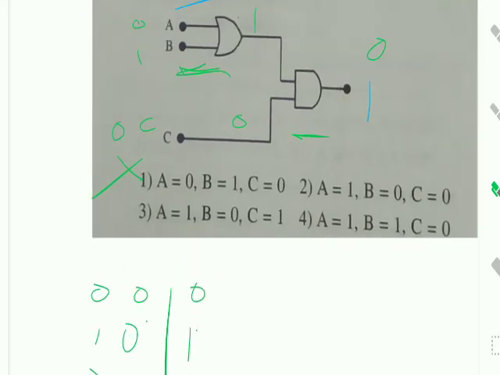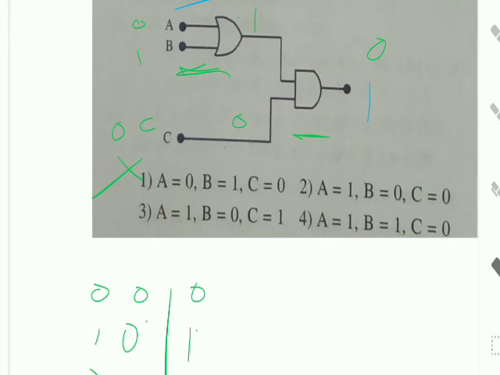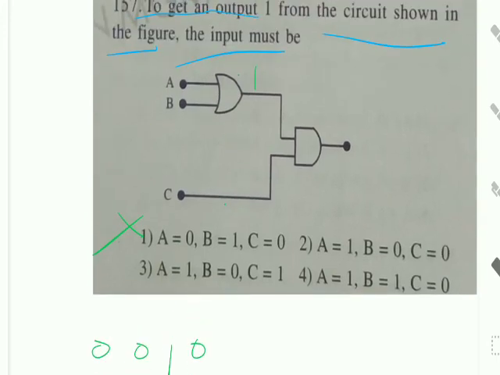So first option is wrong, and second one he given values. Second one, a is equal to 1, b is equal to 0, c is equal to 0.